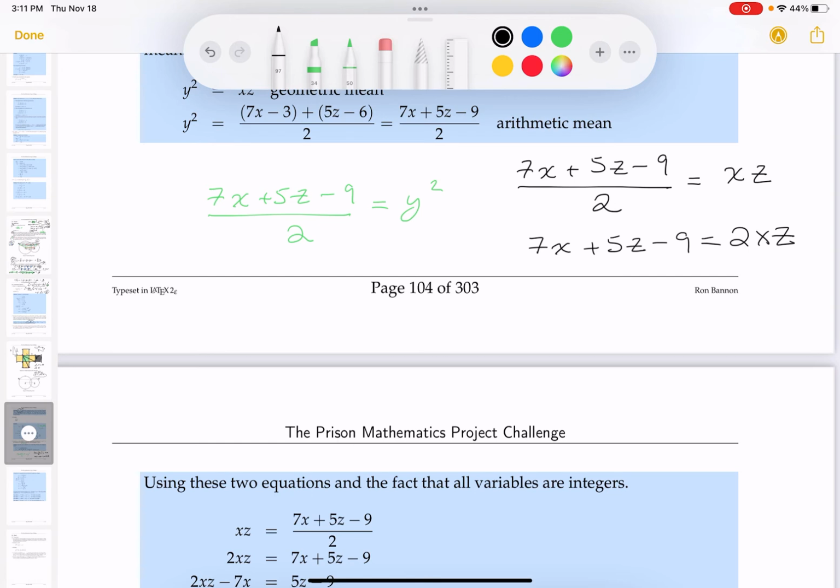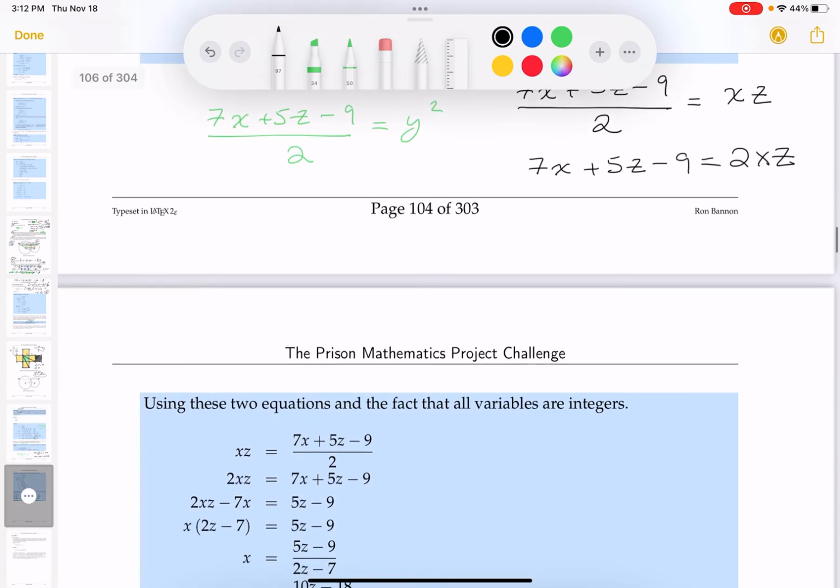Let me think what I can do. Let me solve for one of the letters. I'm going to need some more room here. I'm going to solve for x. Let's try to solve for x. You could solve for z too, by the way. So let me put this down.